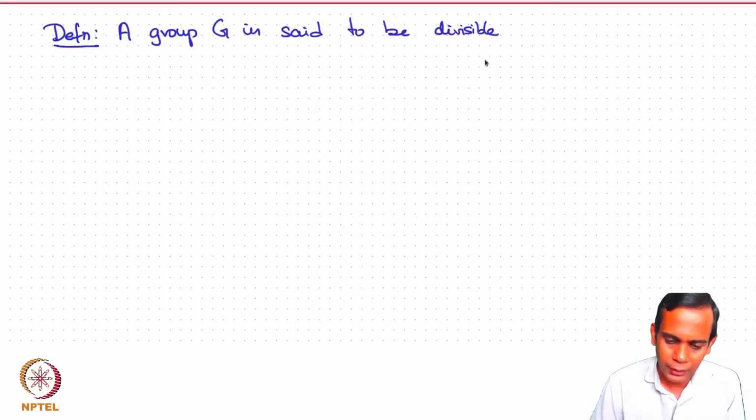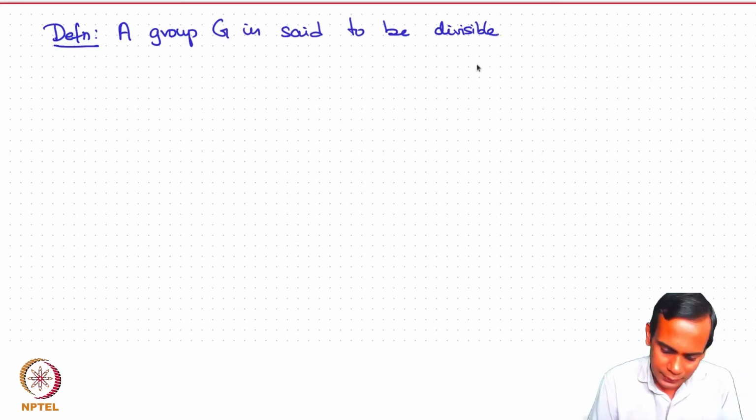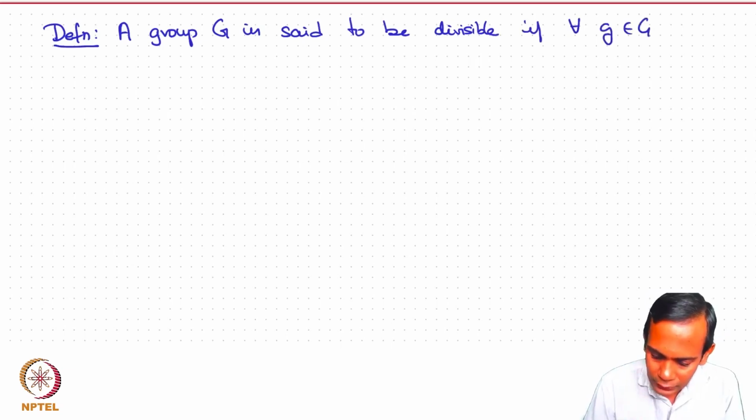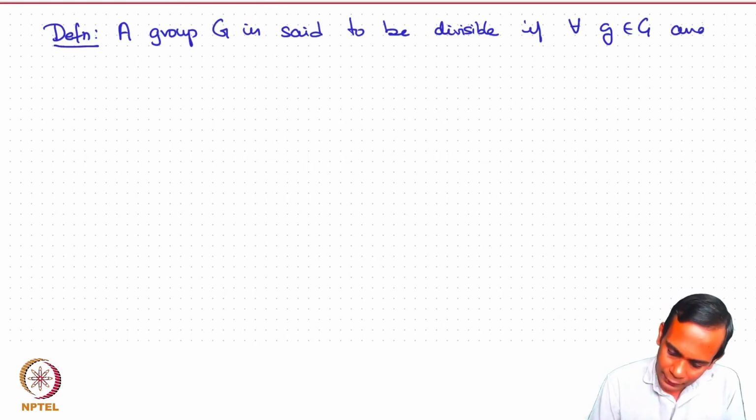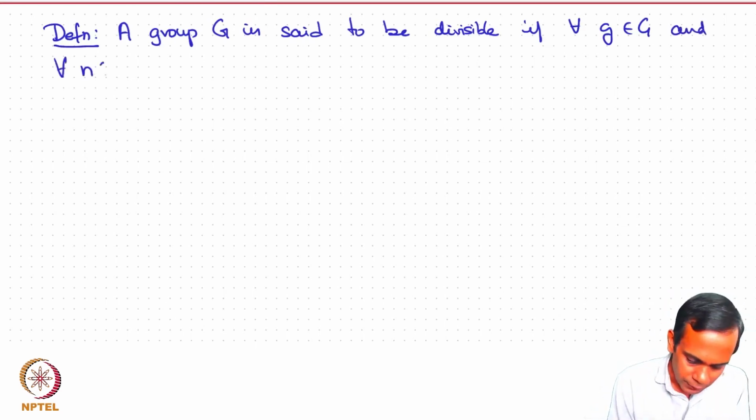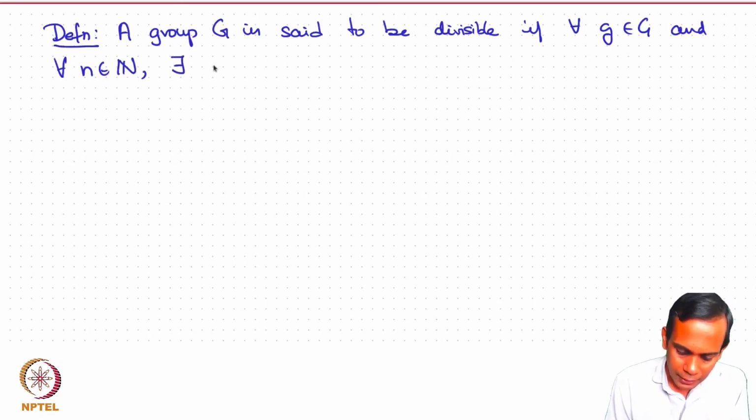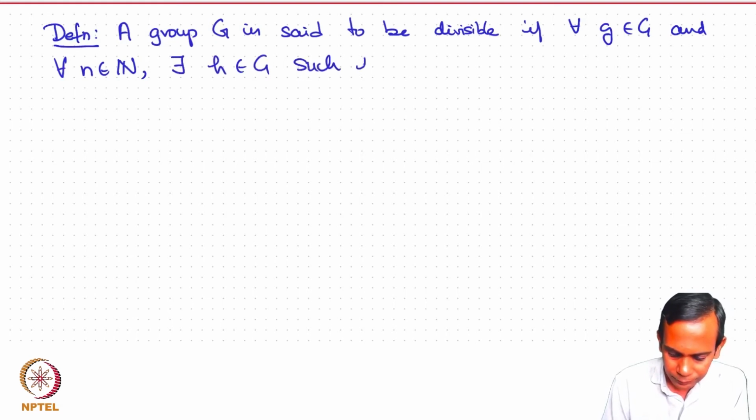So if you can divide something into equal parts. So if for every element g in G, so that g can be divided into n equal parts, and for every natural number n, there exists an element h in G such that h to the n is equal to g.